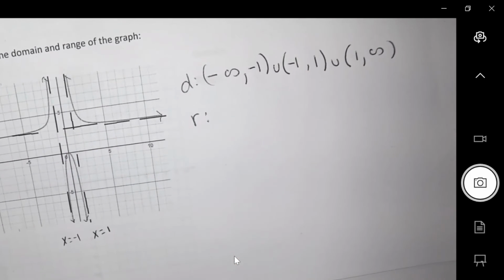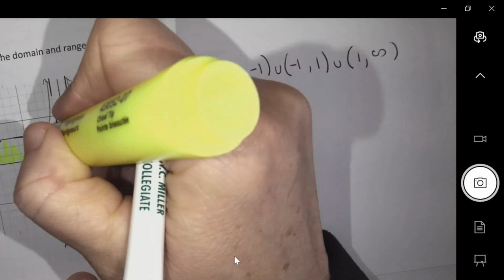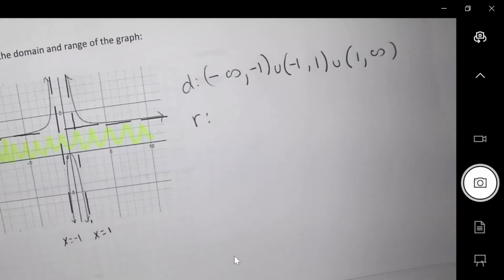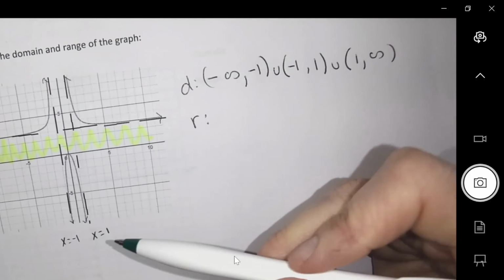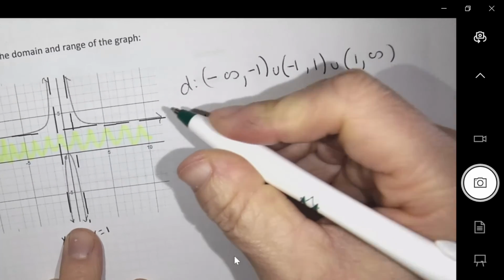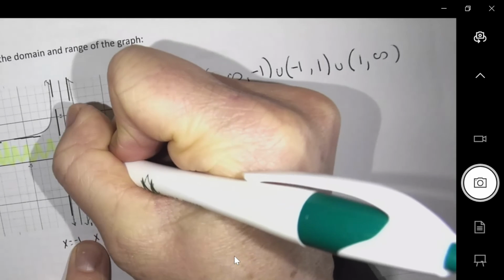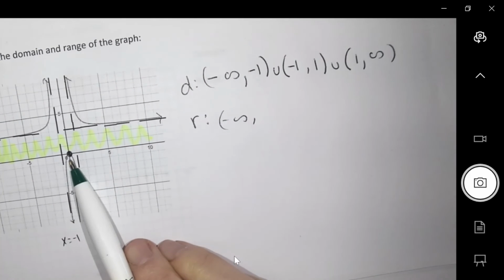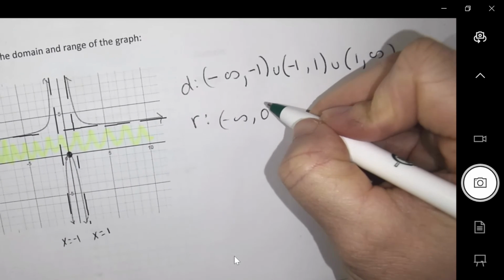Range. So as I look at this, there's nothing in that zone right there, okay? So we have to think about that. So starting at the bottom, we're down here. So negative infinity up to this point with a height of 0.